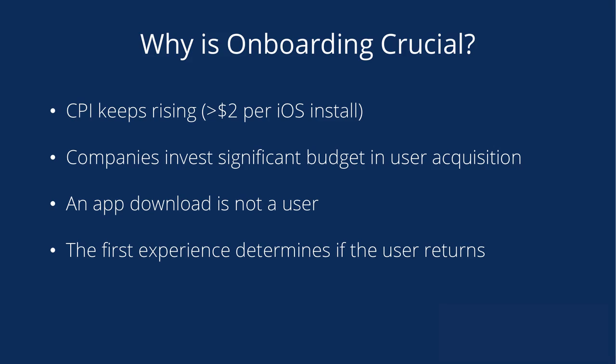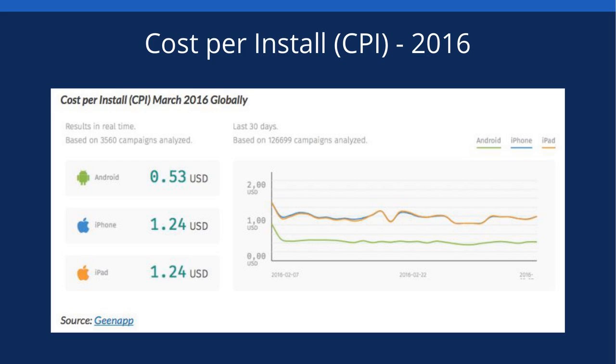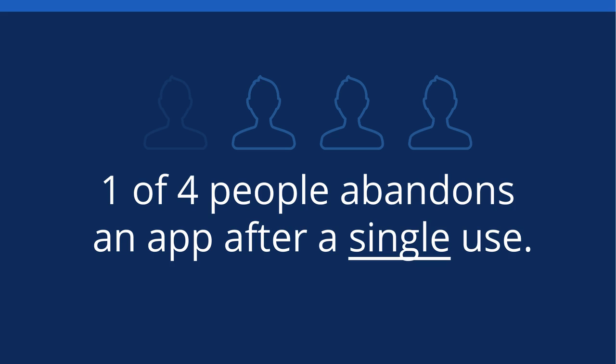And that first experience will determine if the user is going to become a loyal user. And so that goes into the retention topic, which we're going to discuss later. So you can see here how the cost per install is continuously rising. This was last year. This year it actually went even above the $1.24. We are passing $2. And then 1 out of 4 people, this is a clear statistic, abandons the app after one single use, or sometimes just after opening it once for a few seconds.